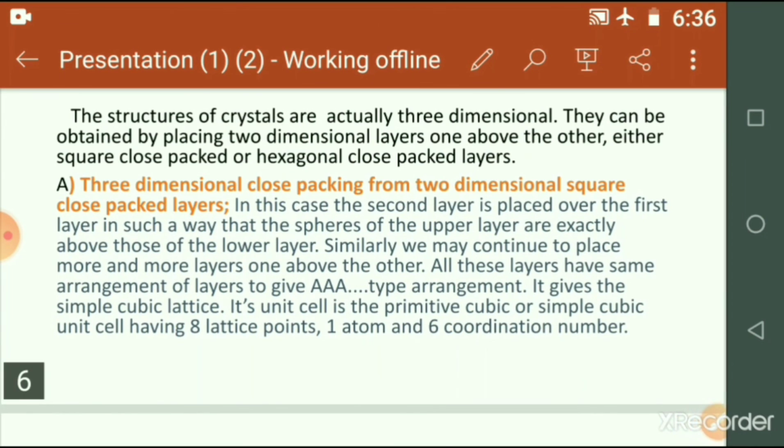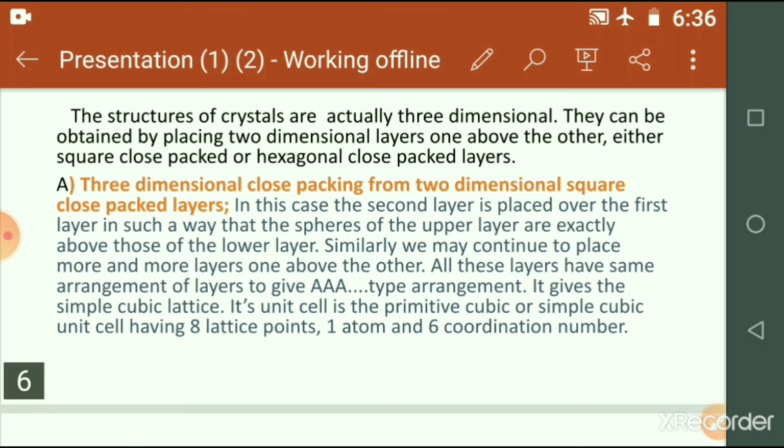So this is 3-dimensional close packing from 2-dimensional square close packed layers. In this case, the second layer is placed over the first layer in such a way that the spheres of the upper layer are exactly above those of its lower layer. Similarly, we may continue to place more and more layers one over the other. All these layers have the same arrangement to give an AAA type arrangement.